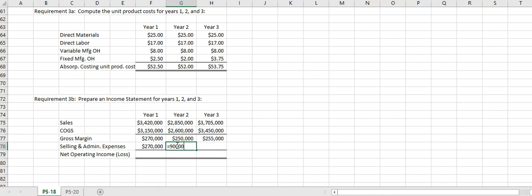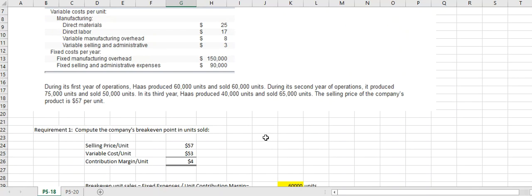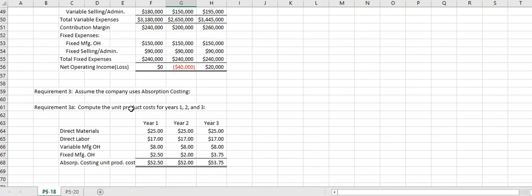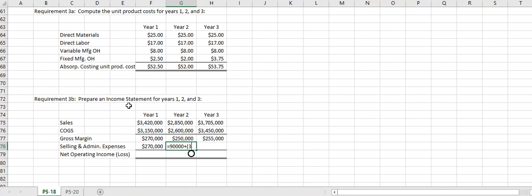So in each of these cases, we've got the $90,000 in fixed. We're going to take the $3 in variable, and we are going to use the number of units sold in year 2, which was 50,000. So that's $3 times 50,000.